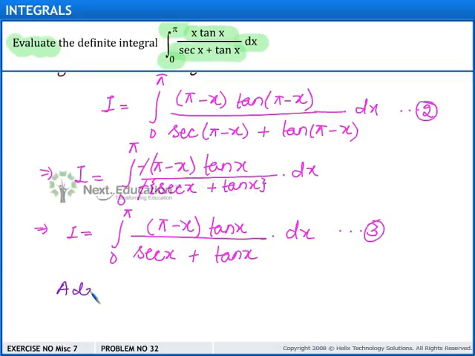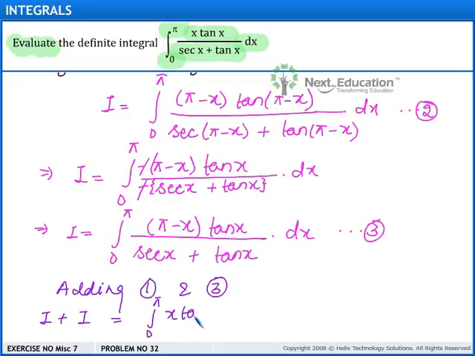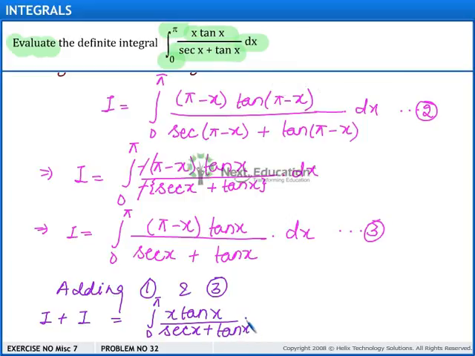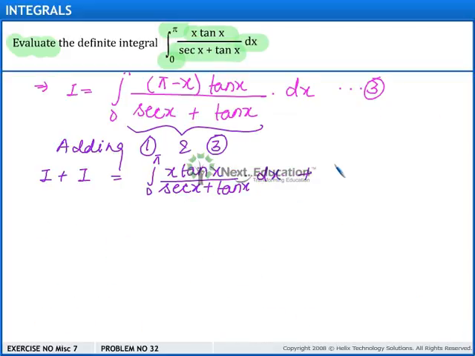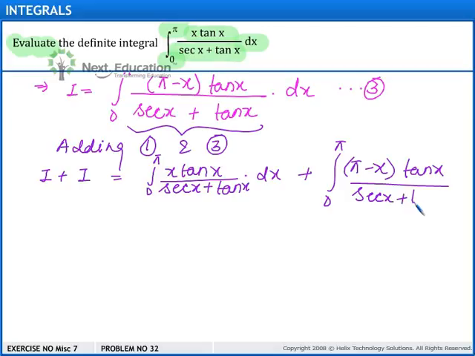Now adding equations 1 and 3. On the left hand side we get I plus I, and on the right hand side, the first equation gives the integral from 0 to pi of x tan x divided by sec x plus tan x into dx, plus the right hand side of equation 3, the integral from 0 to pi of (pi minus x) tan x divided by sec x plus tan x into dx.